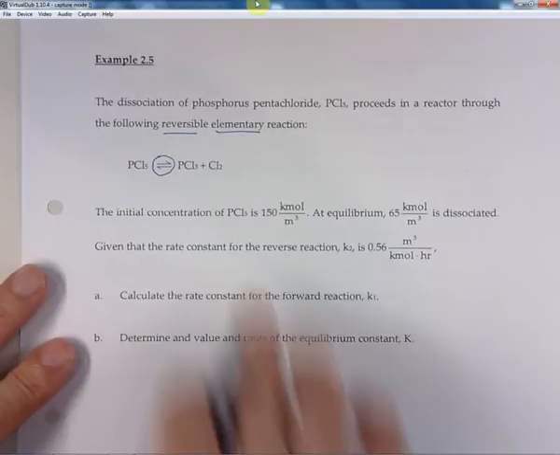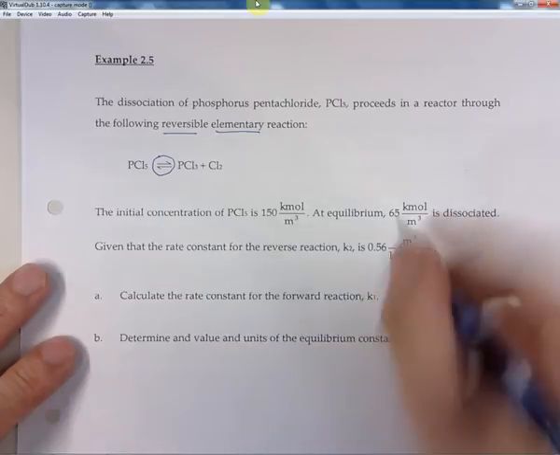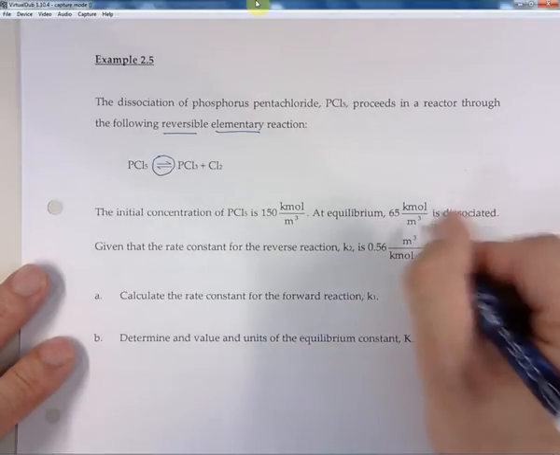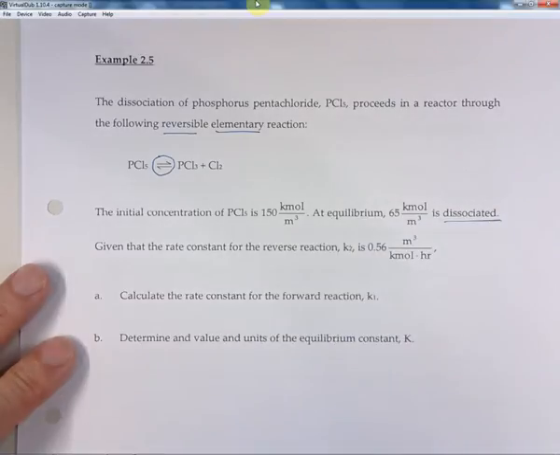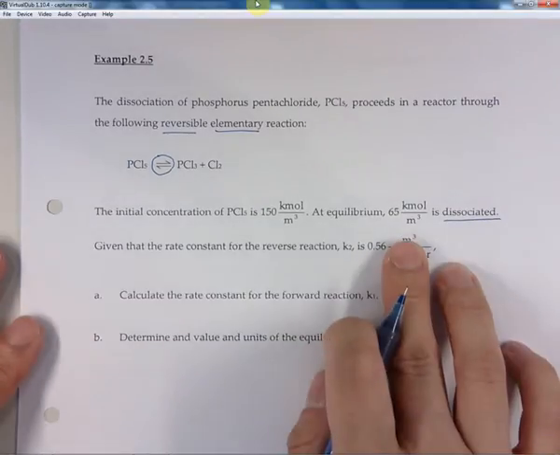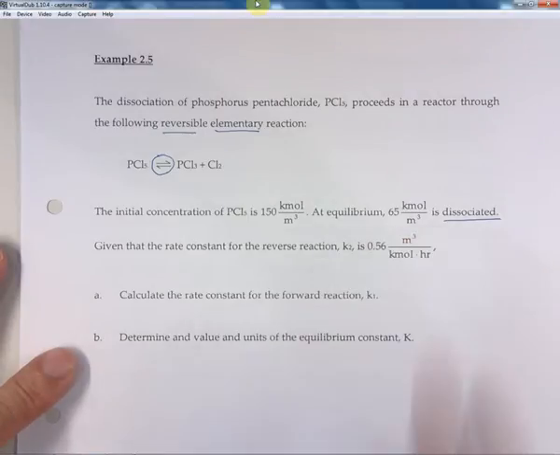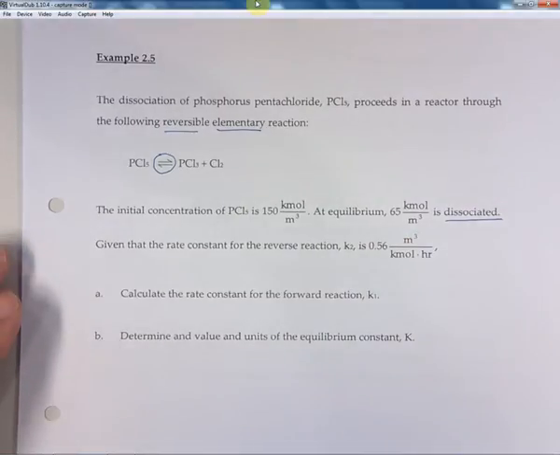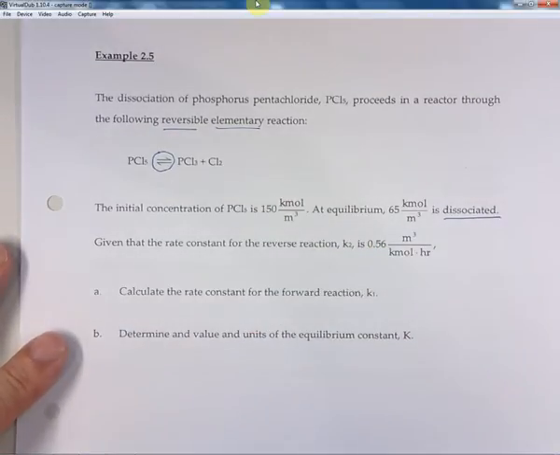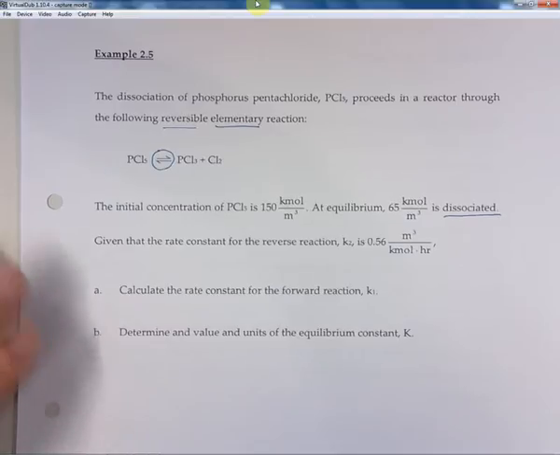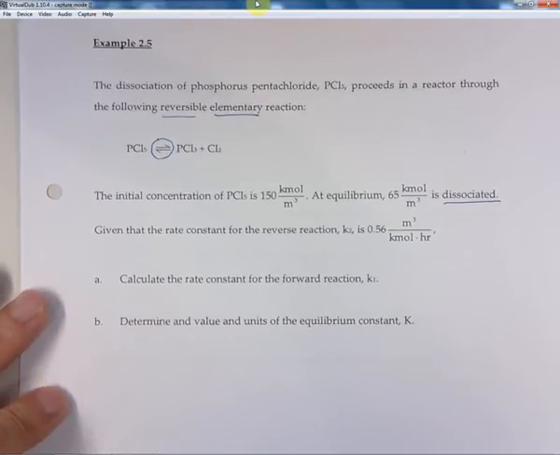The initial concentration is 150 kilomole per meter cube. At equilibrium, this amount, 65 kilomole per meter cube, is dissociated. We are not talking about this as the equilibrium concentration. This amount is being dissociated. Given that the rate constant for the reverse reaction K2 is 0.56 meter cube per kilomole per hour, calculate the rate constant of the forward reaction K1.